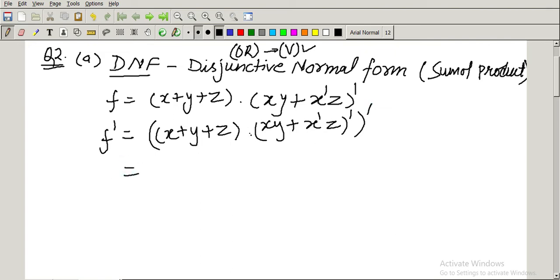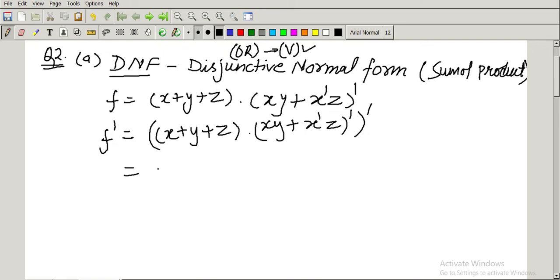When we take the complement of this expression, this is nothing but De Morgan's law, which says that the complement of the whole expression will apply to the individual terms, and the AND operation will change into the OR operation, and the OR operation will change into the AND operation.